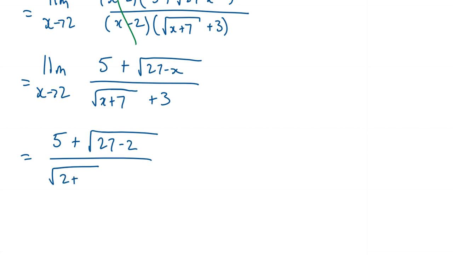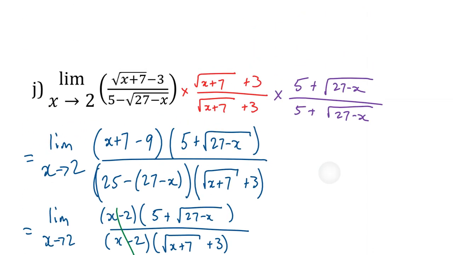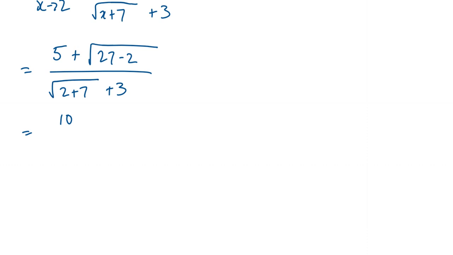Whoops, not x. 5 plus 5 is 10. 3 plus 3 is 6. And 10 over 6 is 5 over 3.